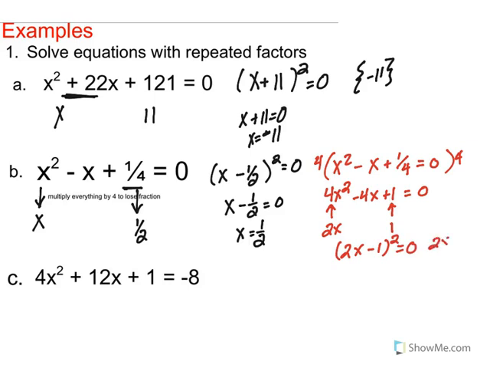Again, I don't need to set both of the factors equal to 0 since they're the same. So if I set 1, that'll be enough. So 2x minus 1 equals 0. When I go to solve, that gives me 2x is equal to 1. X is equal to 1/2. So I still end up with the same solution. In the solution set, remember we're writing it as x, or as 1/2 inside of the braces.